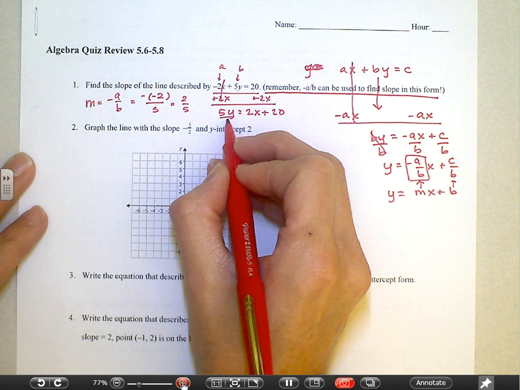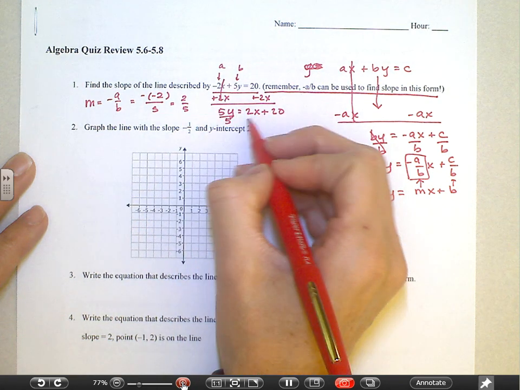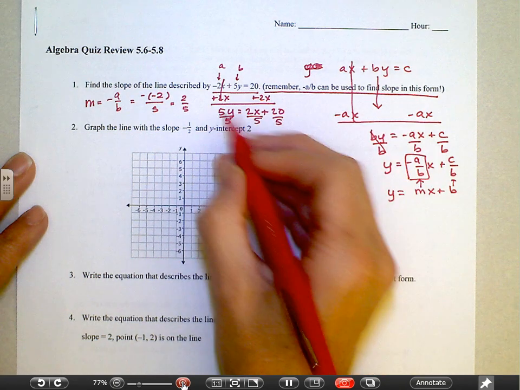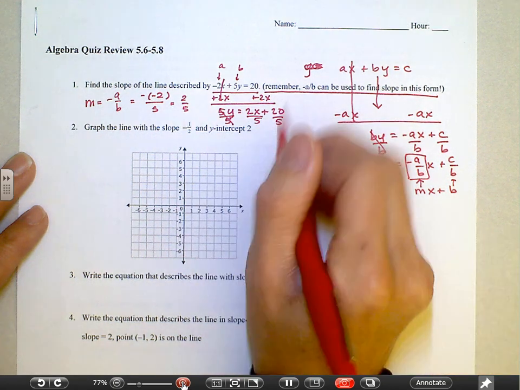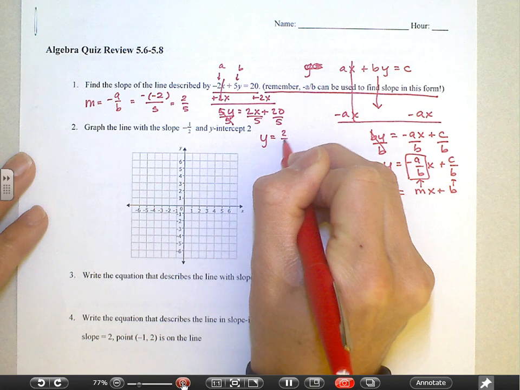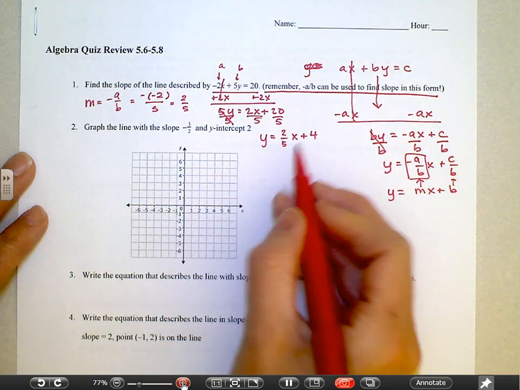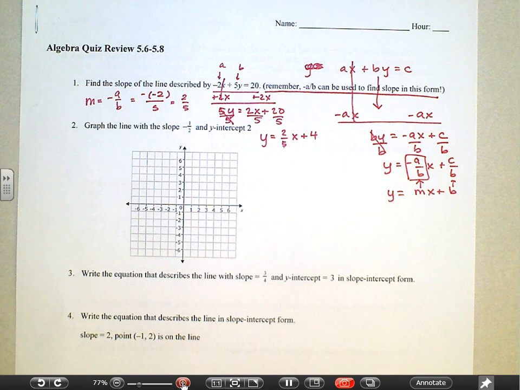Then I divide by 5, so I have y equals 2/5 x plus 20 over 5, which is 4. So either way, you find the slope of 2/5.